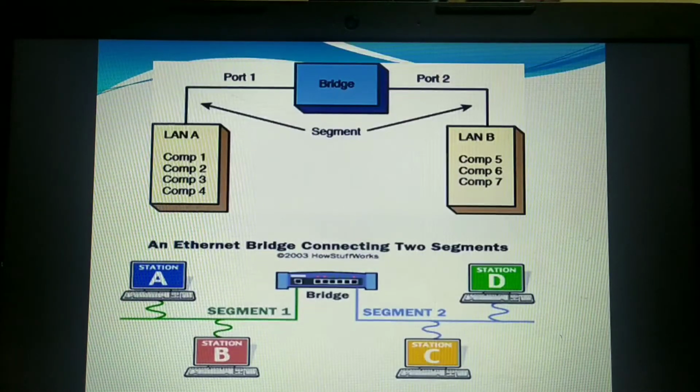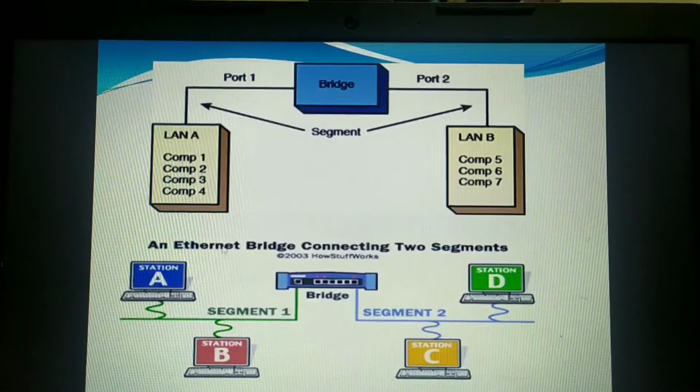To avoid this packet collision, we need to maintain our traffic. So we need to divide our entire large network into subnets. Here also the large network is divided into two subnets or LAN segments. In the LAN A segment we have 4 computers and in the LAN B segment we have 3 computers.